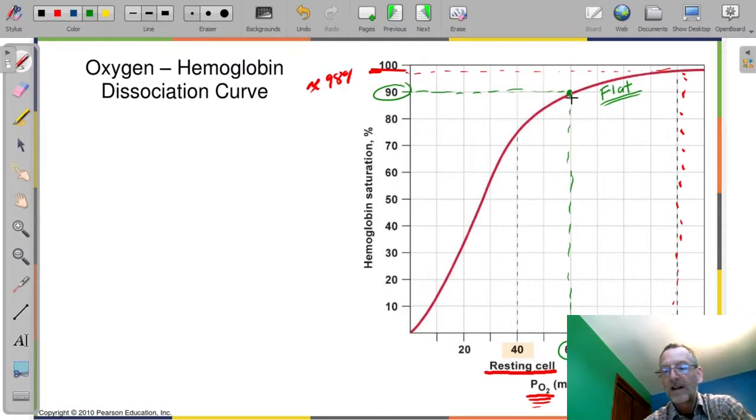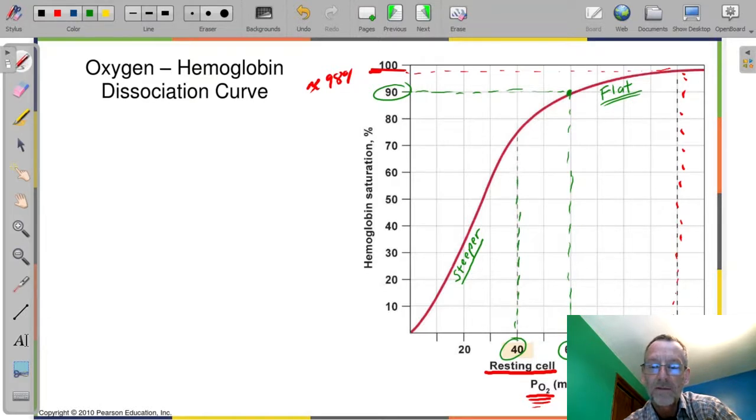Then, as the oxygen level, the partial pressure begins to drop further, this curve starts to get steeper. So it's flatter and steeper here. So at rest, we've dropped 60% now. We've gone from 100 to 40. And at 40 millimeters of mercury, how saturated is the hemoglobin?